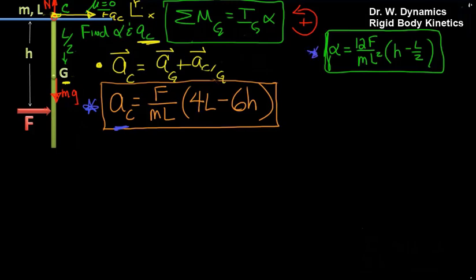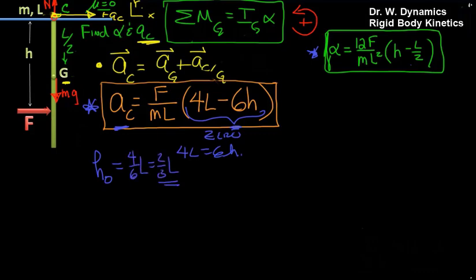And we saw that alpha will be positive and negative. Let's look at what happens here with this critical point. This will become 0 when 4L is equal to 6h, where h0, we'll call it, will be 4/6 of L, so h0 is 2/3 of L.